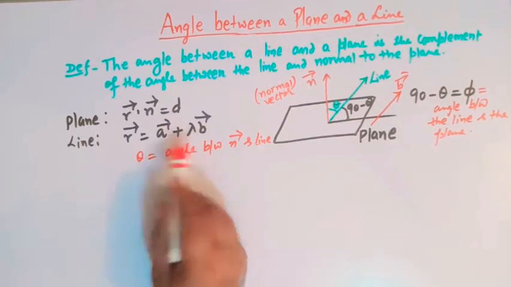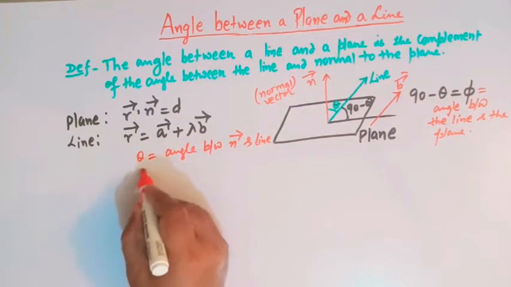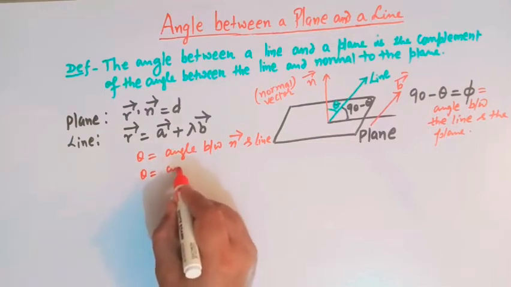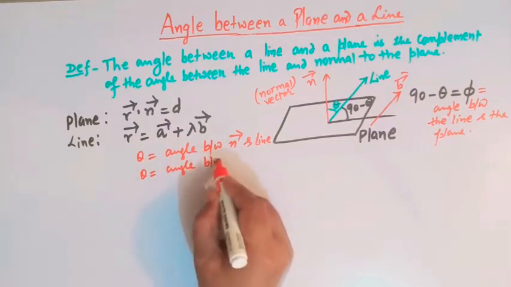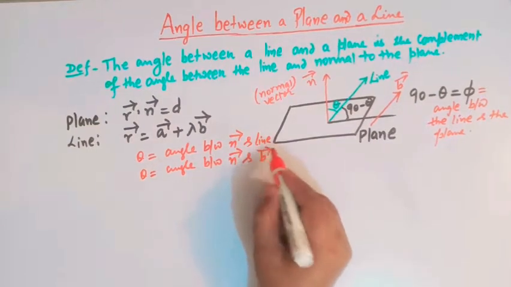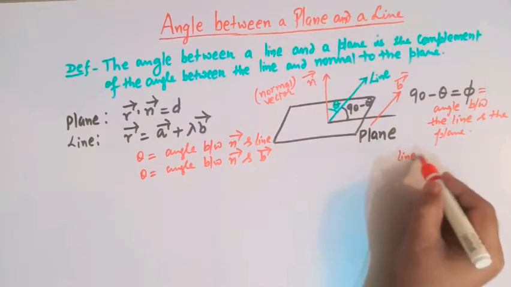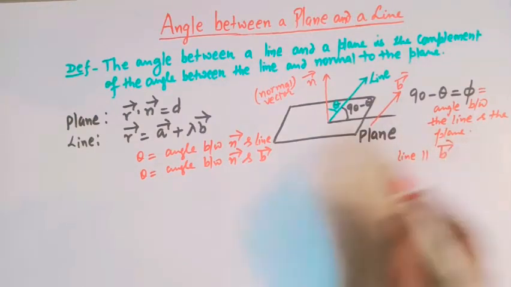So we can write theta is the angle between the normal vector and the vector b, because this line is parallel to the vector b.